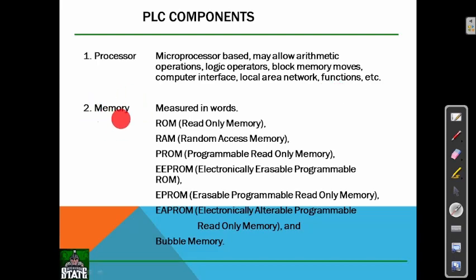Then the memory of the PLC. It is measured in words. There is ROM, read only memory, then RAM, random access memory, and PROM, which is programmable read only memory.